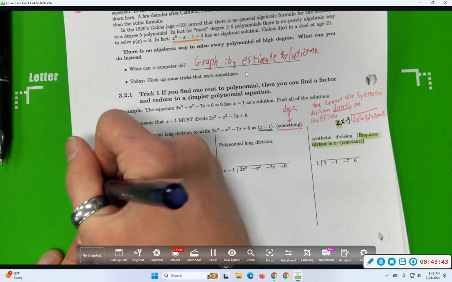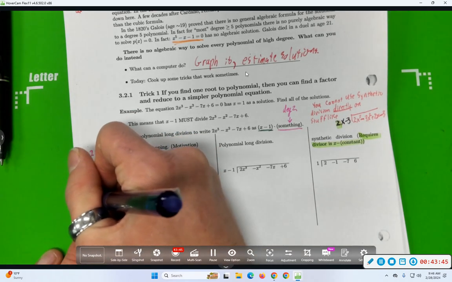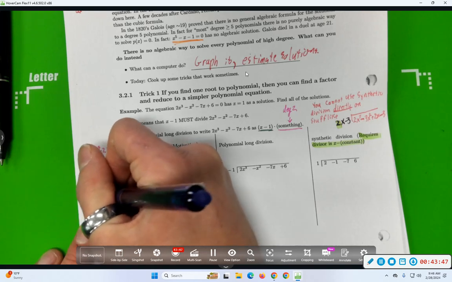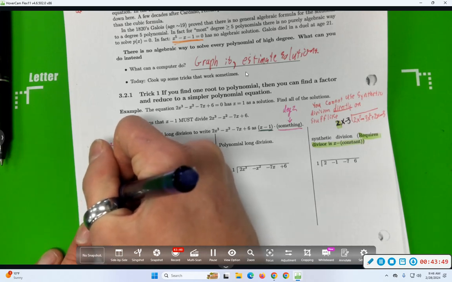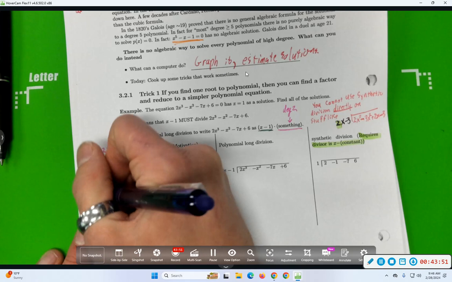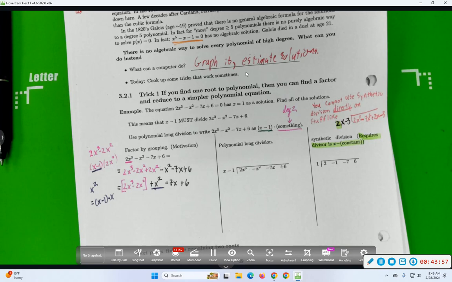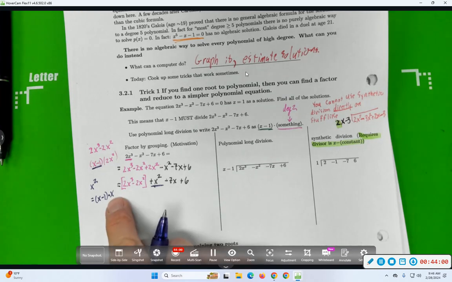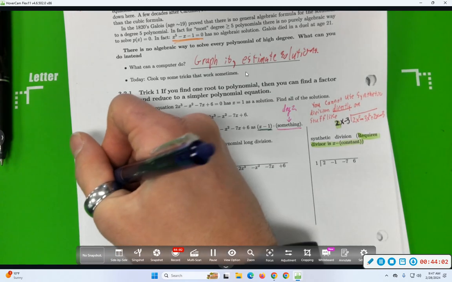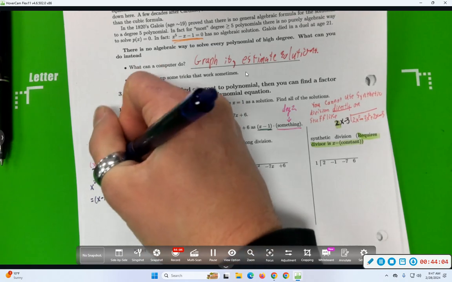So if I want to see an x squared, I'd like to turn this into x minus 1 times something. And I know the thing I'm going to have to multiply by. It's going to have to be x. That's the only way I'm getting an x squared out. So that means I'd really like to see x squared minus x sitting there.